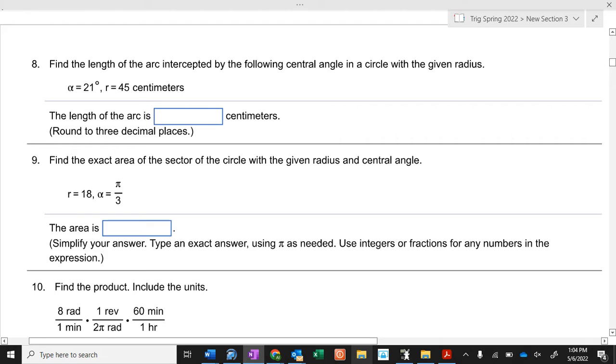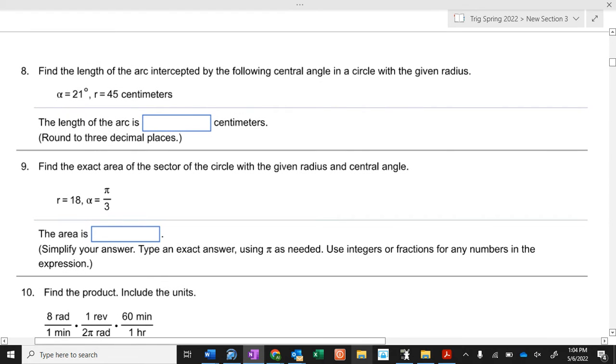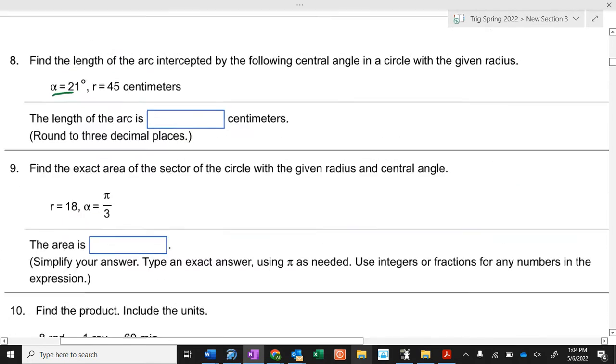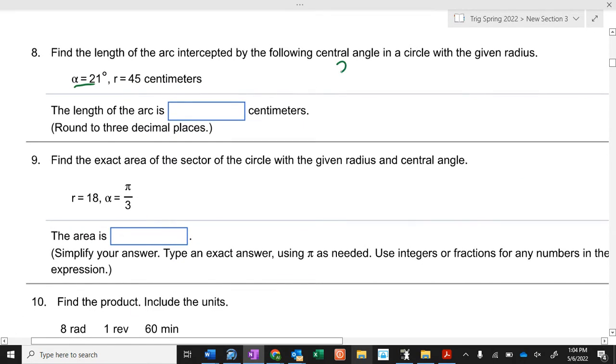Find the length of the intercepted arc. Arc length. Is it on the board? At one time it was on the board. Over there? Yep. So this is in degrees, so it's a geometry one. So you go look under the geometry for arc length. So you go 21 over 360 times 2 pi r.